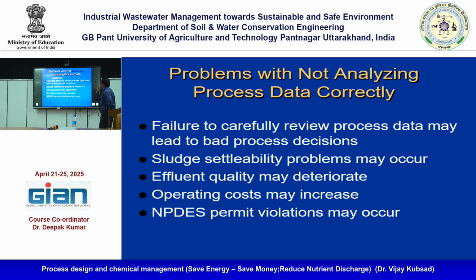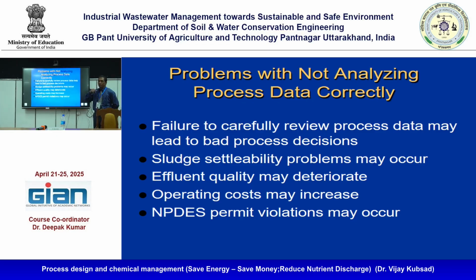Failure to carefully review process data leads to bad process decisions. You will make a wrong decision. You don't know they are using that water, but the system is not working because of high TDS that you never realized. So that is why the perspective is different. We learned how the system works, then we started analyzing the data, then we are understanding the failures and the different reasons.